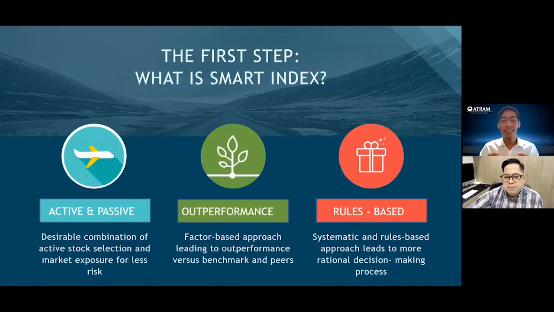Just from that name, it's a combination of the index, with all the benefits of that, and a combination of active managers. In ATRAM, we are active managers, meaning that we believe that we can beat the index, that there is this opportunity for us to select stocks and change the components of the index so that we can perform better.